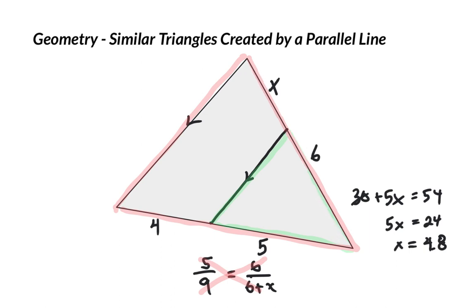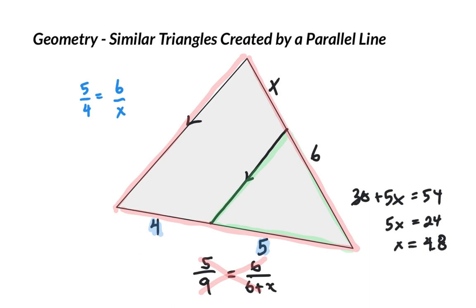But one thing that's different about these problems is these relationships also hold true with the individual pieces. And what I mean by that is that instead of relating 5 to the 9, the entire side, I could have just related 5 to 4. I could have said, well, 5 over 4 is equal to 6 over x, like that.